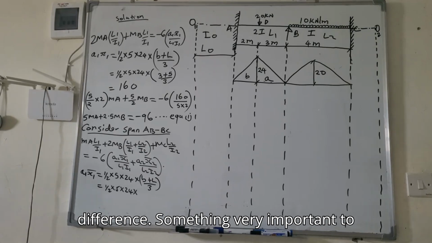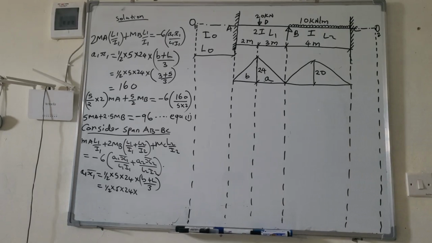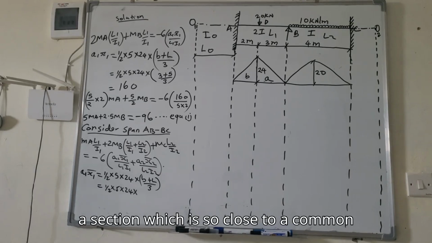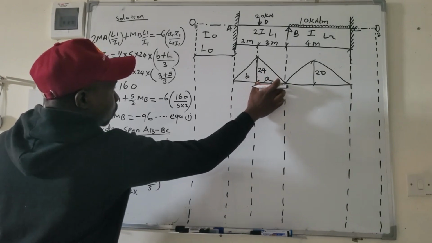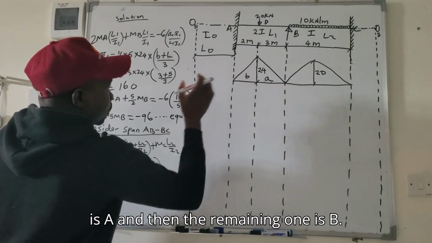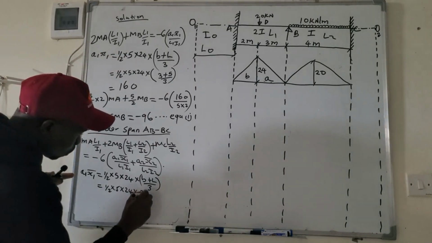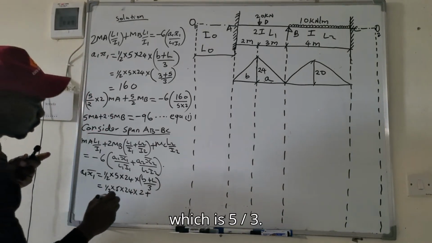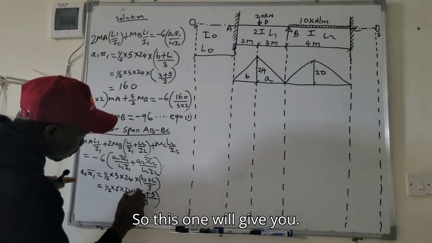Something very important to note is the common joint. The section which is so close to the common joint is A, this section, and then the remaining one is B. So it will be 2 plus L, which is 5, over 3.